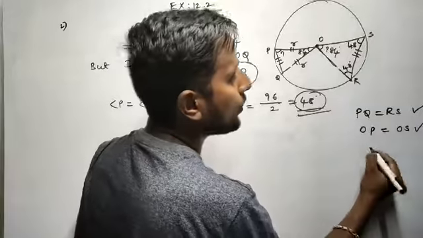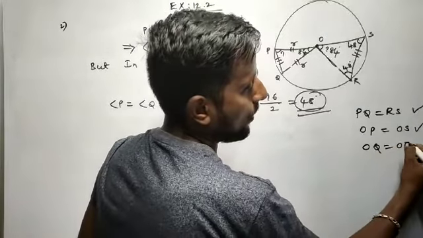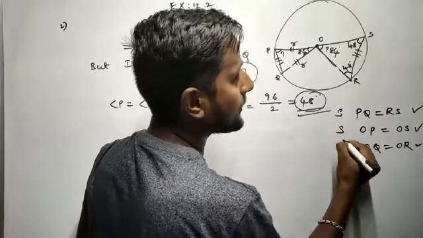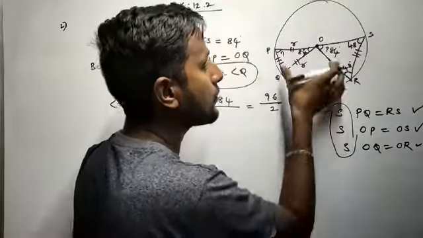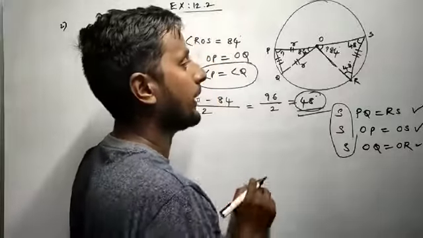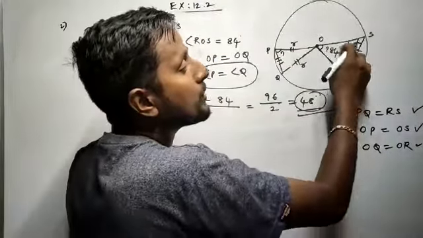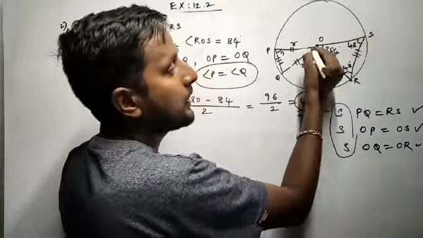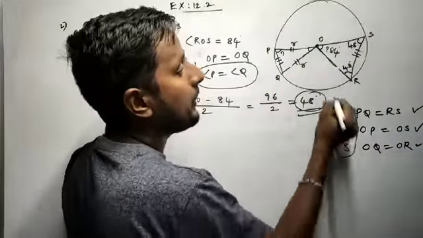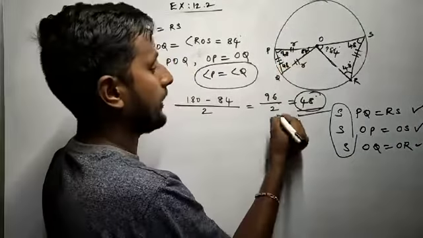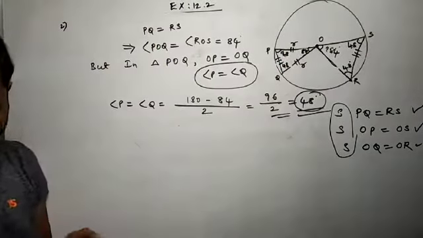And OQ is equal to OR. It is also a radius. So what happened? Here we find side, side, side. So by the SSS rule, these two triangles are congruent. So here I don't know any angle, but here we know all three angles. Am I right? So after deciding the congruency, we'll write here 84 and the rest of the two are 48, 48. Same as we did before. Correct? Right.